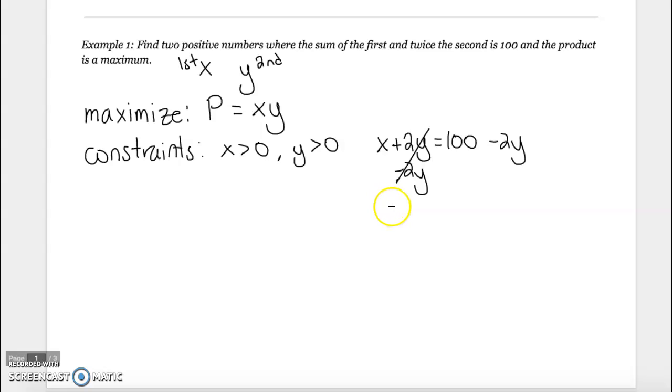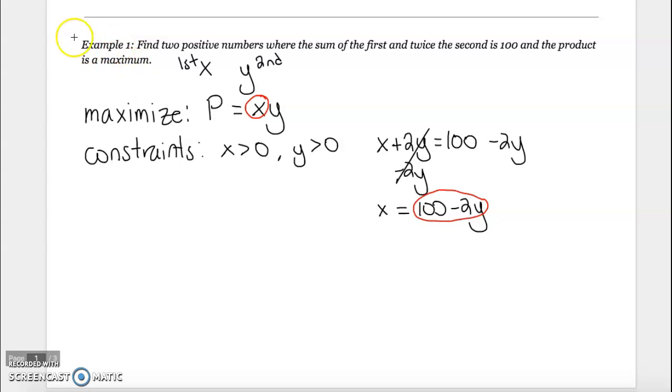Another way to write this constraint equation is x equals 100 minus 2y. And so now I can combine that. I'm going to take that piece and plug it in for x right here. Then I can rewrite the equation I'm trying to maximize.